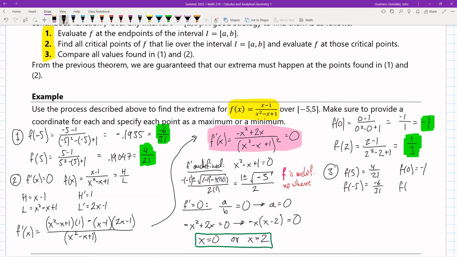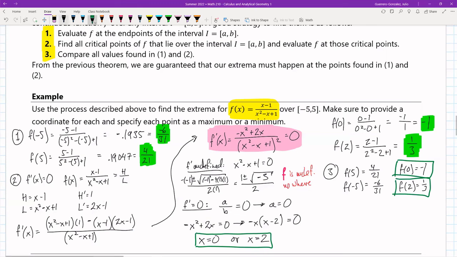And f of 2 is 1/3. So now our biggest one is the 1/3, and our smallest is the negative 1.